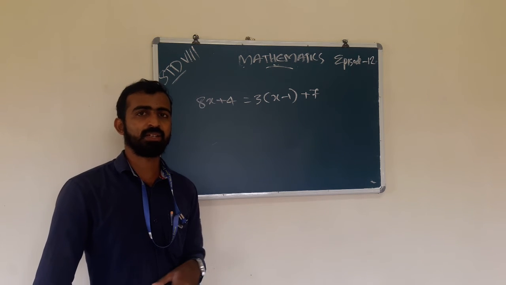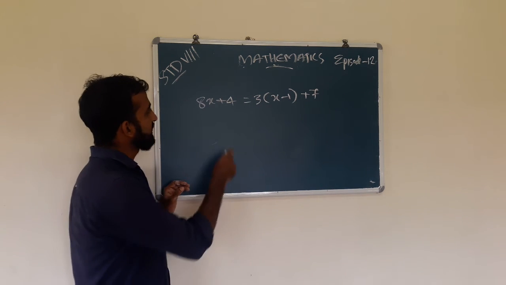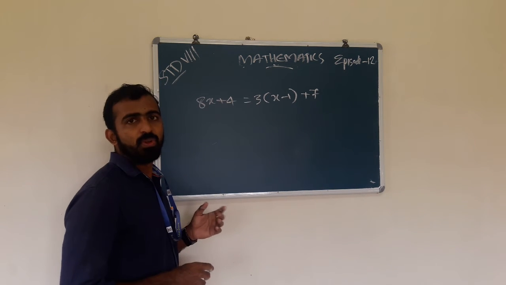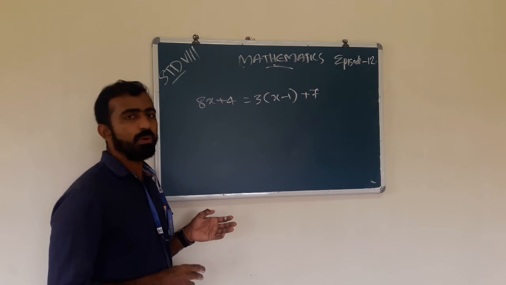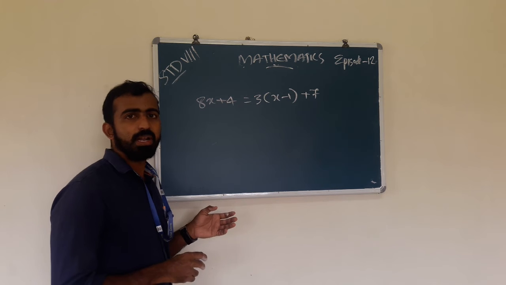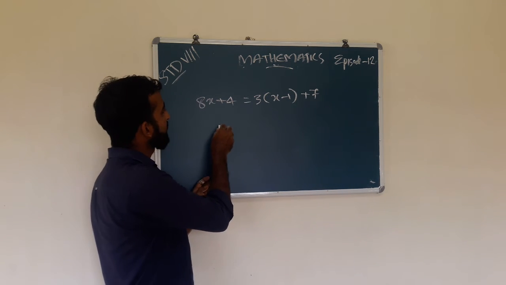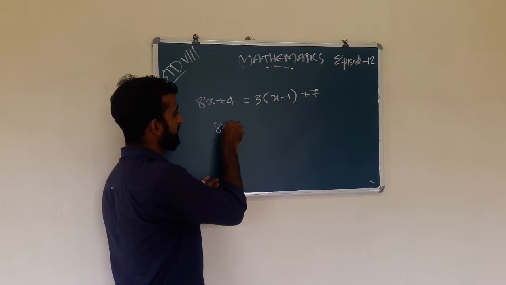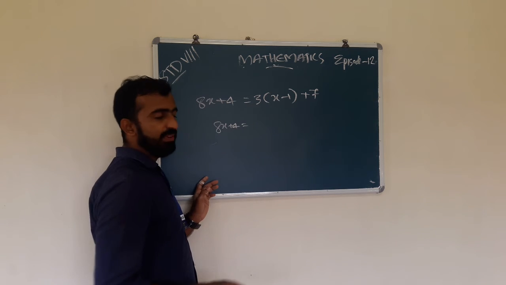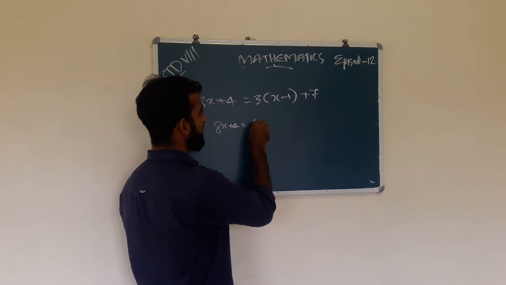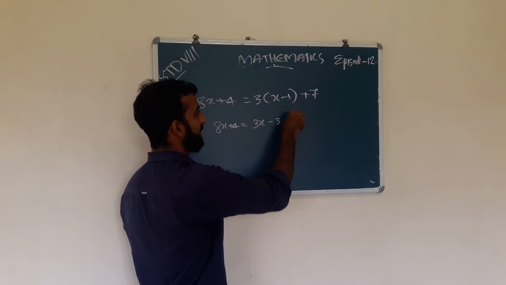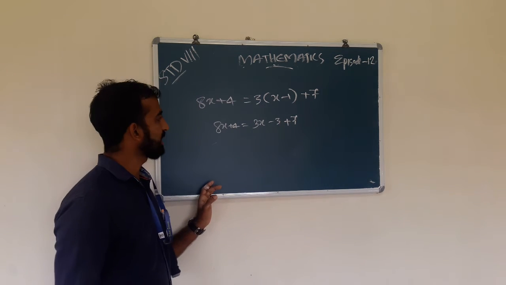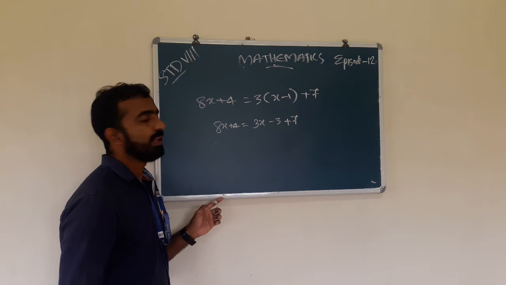Is it? Yes, this is correct. We want to solve, or find the value of the variable. We can write 8x plus 4 equal to, when we open the bracket, we get 3x minus 3 plus 7.